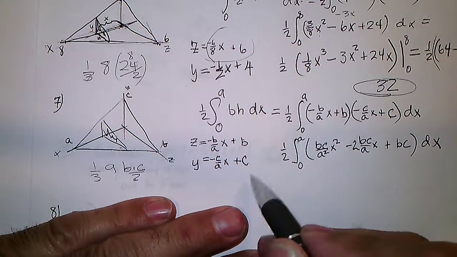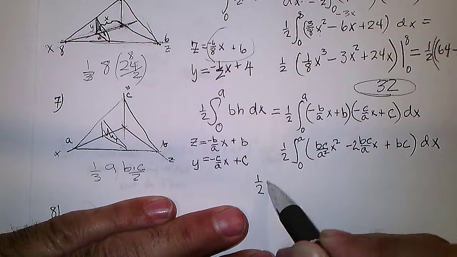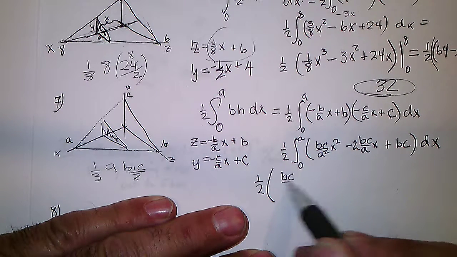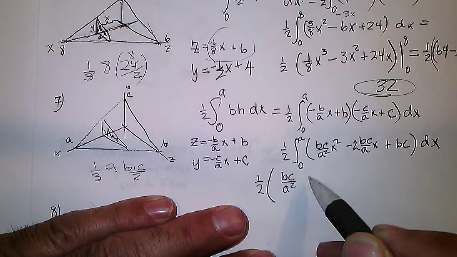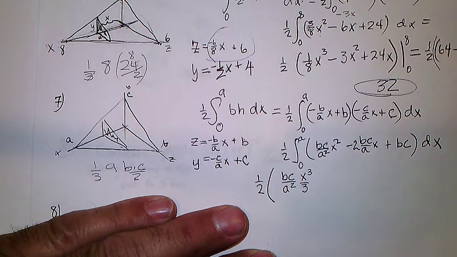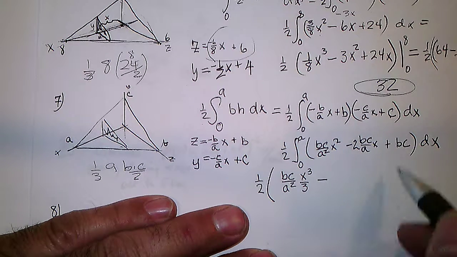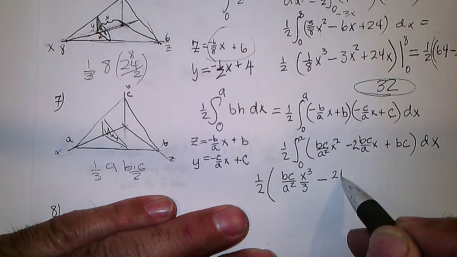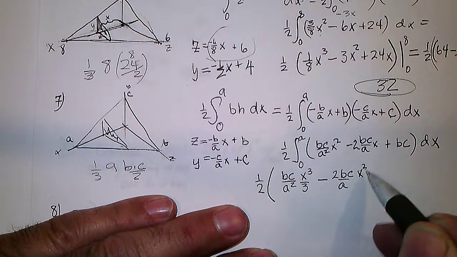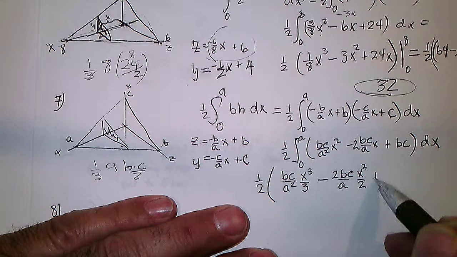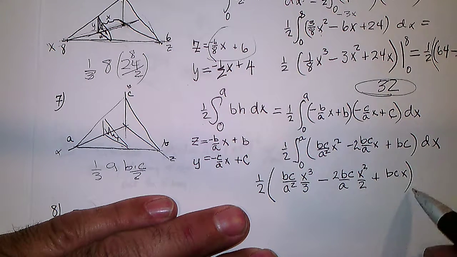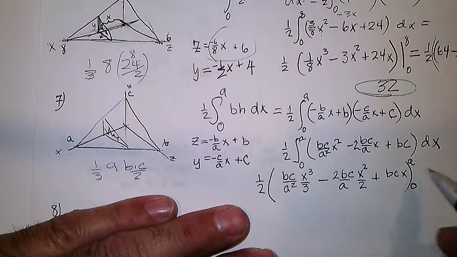And the integral, we get 1/2. The integral of this would be bc over a squared x to the third over 3, minus 2bc over a x to the second over 2, plus bcx, evaluated from 0 to a.